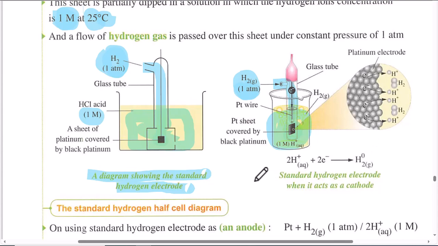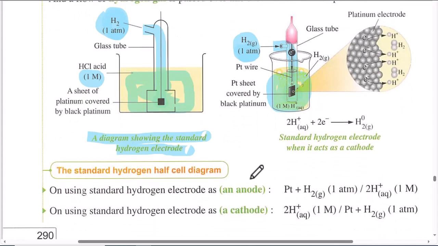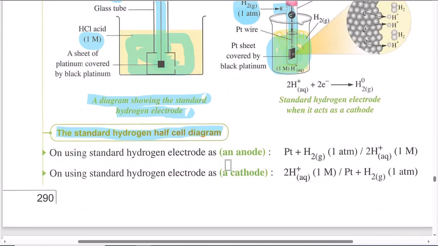So how can we express the standard hydrogen electrode half cell? The standard hydrogen electrode may act as an anode or as a cathode.